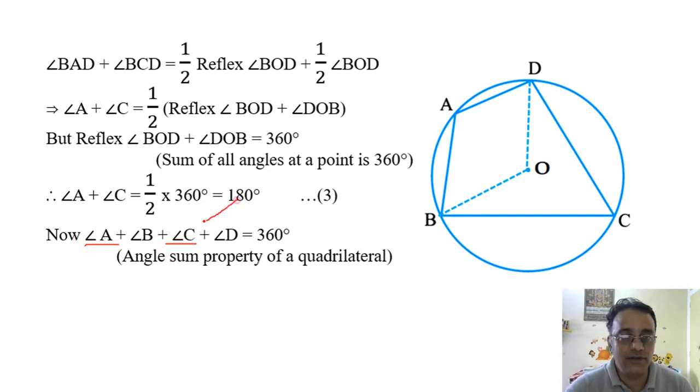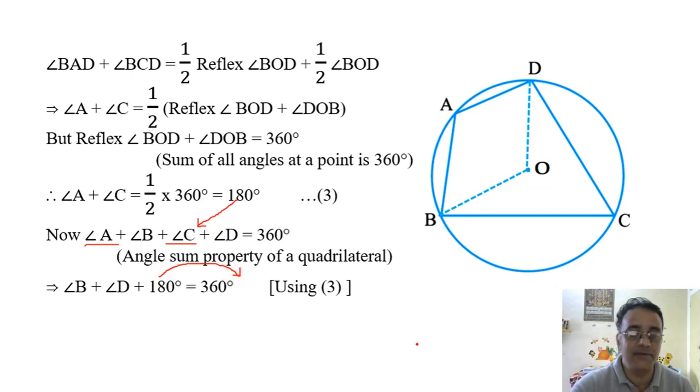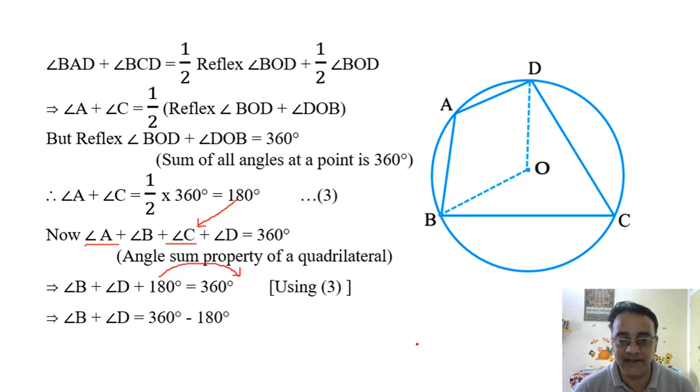So that we are going to replace here. यहाँ पे substitute करेंगे. Okay, so now shift this 180 to this side. So what you will get, angle B plus angle D is 180 degrees. Right, 360 minus 180, that is 180. So we have proved the theorem. Any doubt here? No, sir.